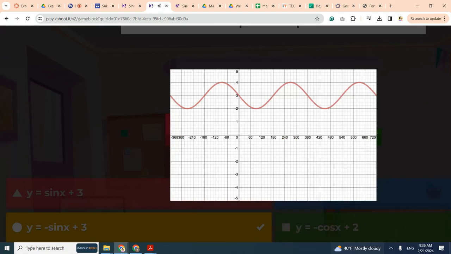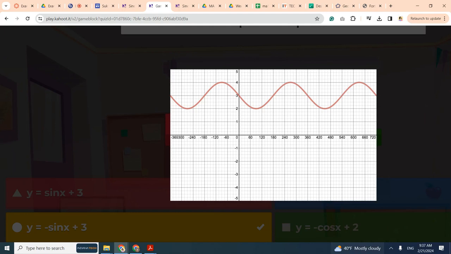Do you see it starts at the center? If it starts at the center, that is sine, not cosine. Cosine always starts with the highest point or the lowest point. Is that clear, everybody? So this is sine. And usually the sine goes up and then goes down. But this goes down and then goes up. This is like a reflection over the x-axis. So you expect to see a minus sign in front of the sine.